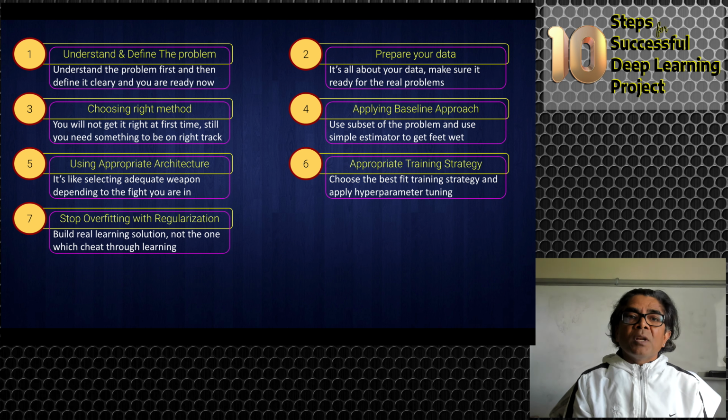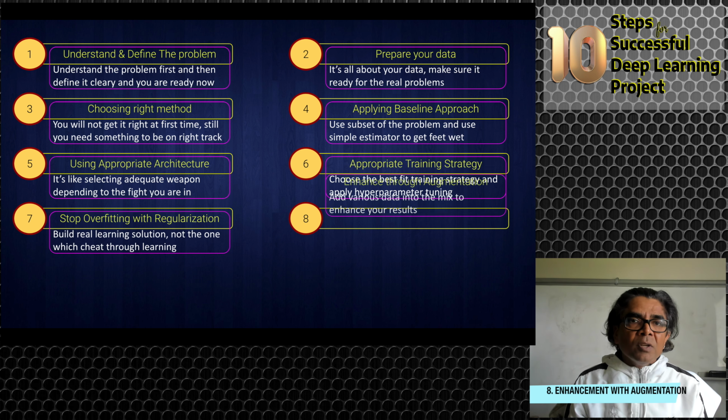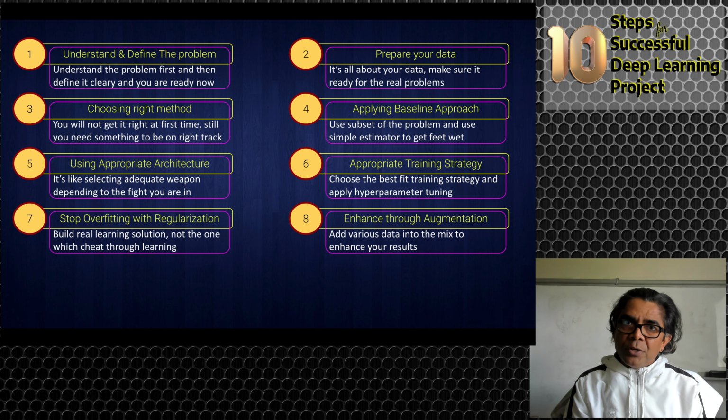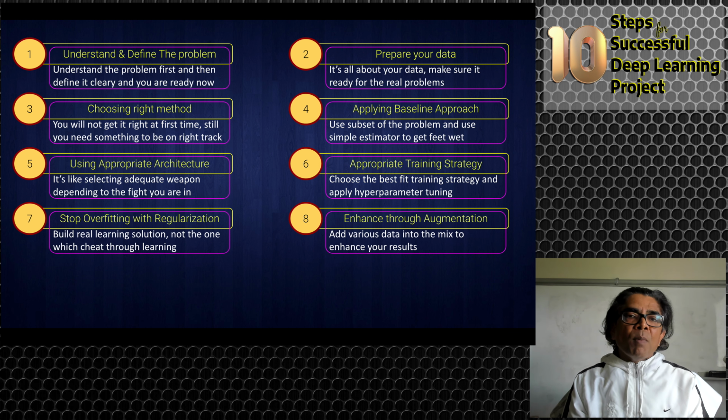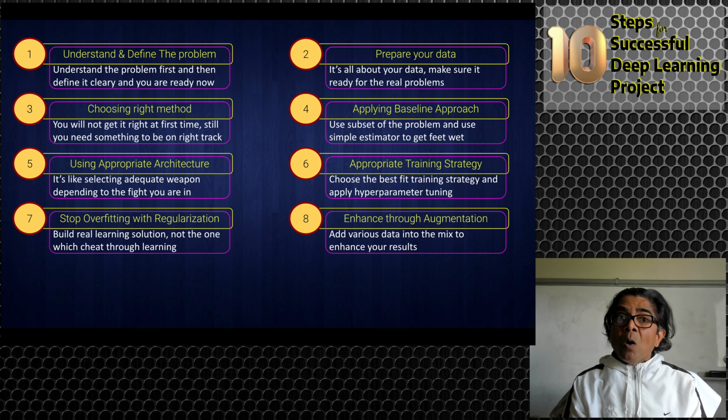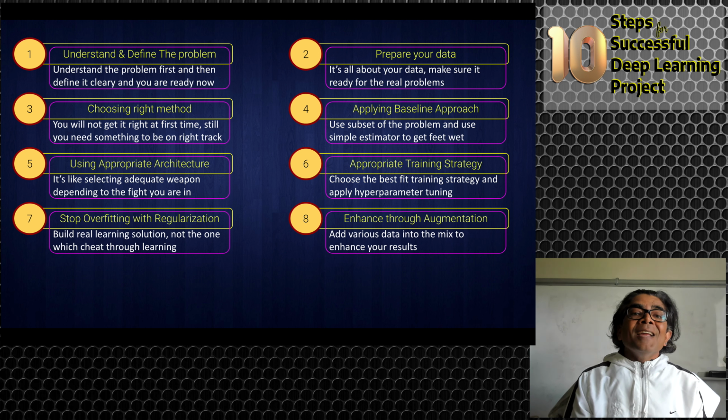However, sometimes these methods are not enough. And that's where step number 8 comes in, and that is enhancement through augmentation. The reason I gave this step as an independent step, not combining it with hyperparameter tuning or regularization, is that the success of your product depends on how good your model is.